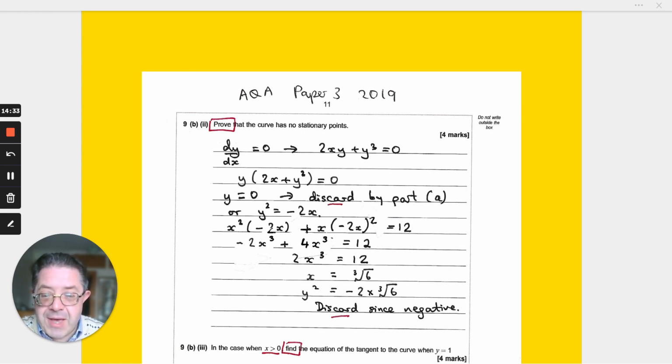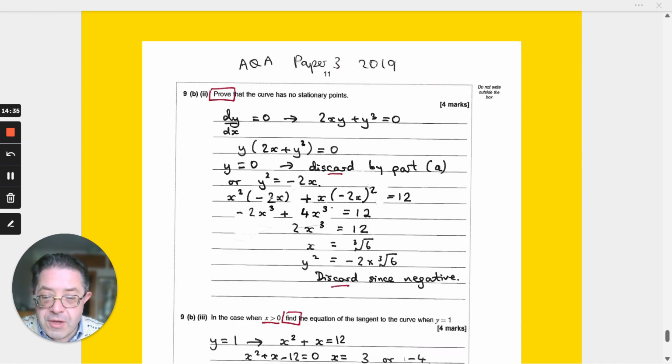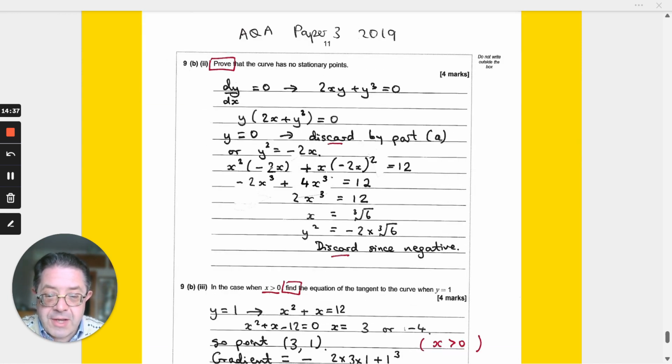And putting that back into the equation of the curve and solving, that's giving me x is the cube root of 6, which seems plausible, and y squared therefore equals minus 2, which is minus 2 cube root of 6. y squared cannot be negative, so we discard it. There are no stationary points.